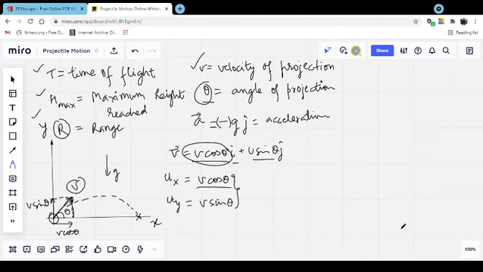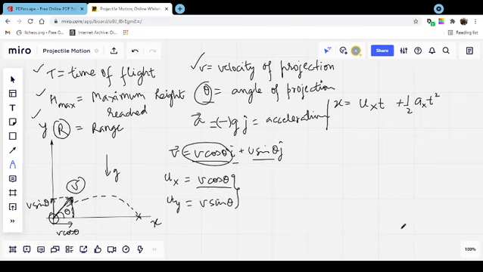The acceleration is not present along x-axis. That means there has to be no acceleration along x-axis. The acceleration is present along y-axis. That means there has to be some acceleration along y-axis. So this is what we have to keep in our mind. So let us try to write the equations from which some things would be coming out. Let us write the equation of displacement along x. That would be x is equal to ux t plus half ax t square.